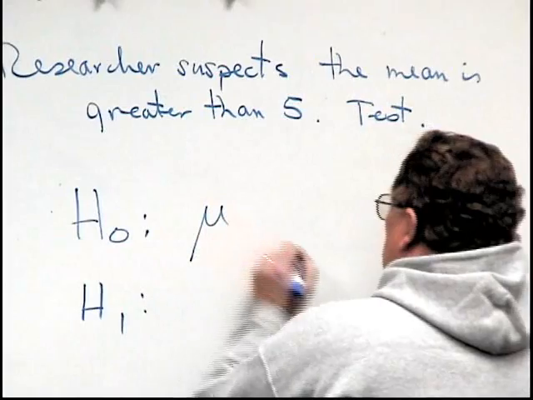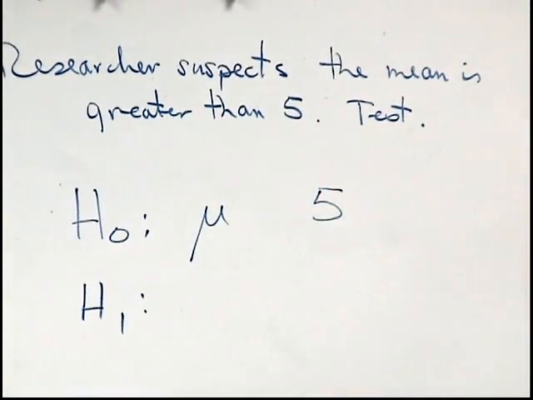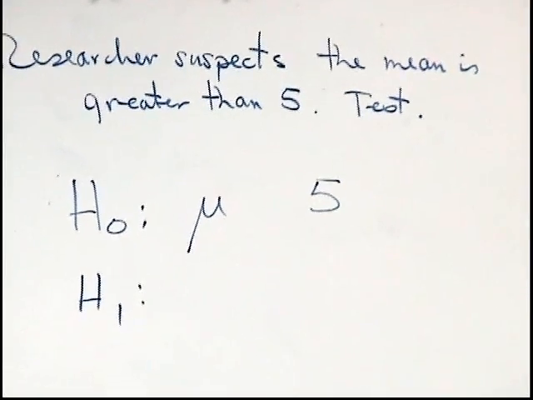Well, it obviously has something to do with the mean, and it has something to do with 5. Is it greater than 5? No. Equal to 5? Less than 5? Less than or equal to 5? Greater than 5? Okay, no.